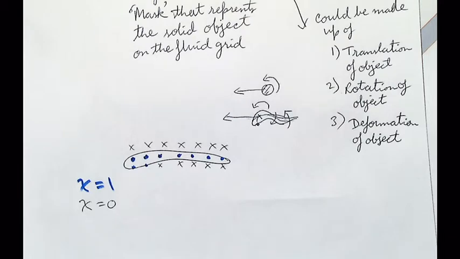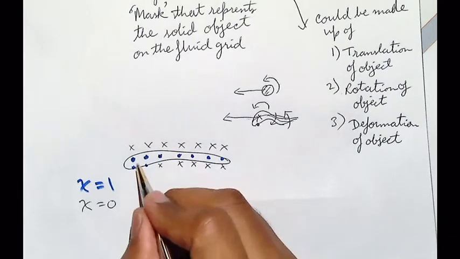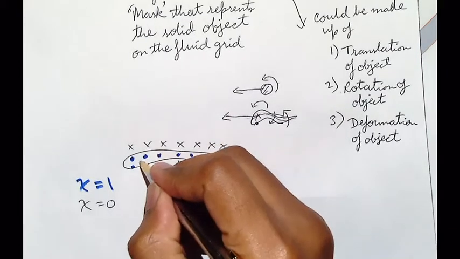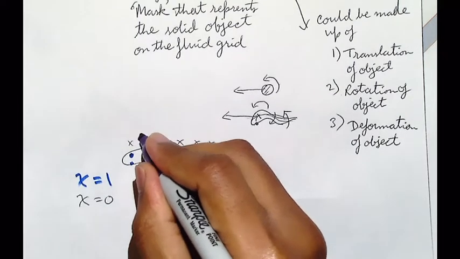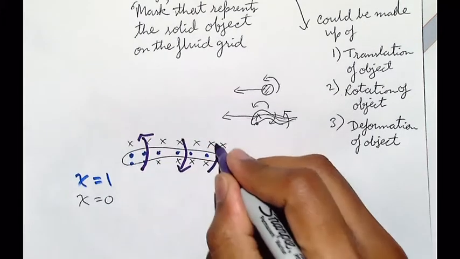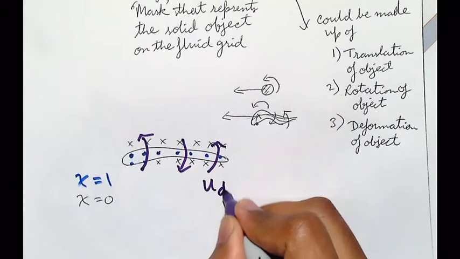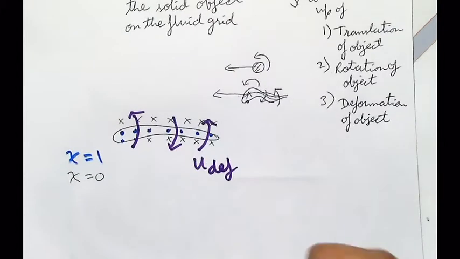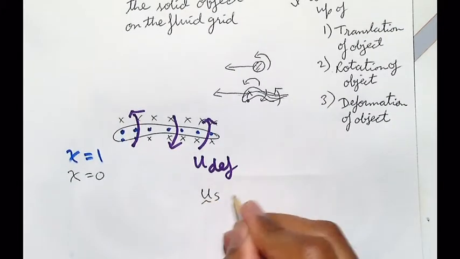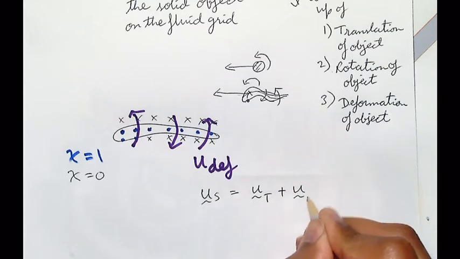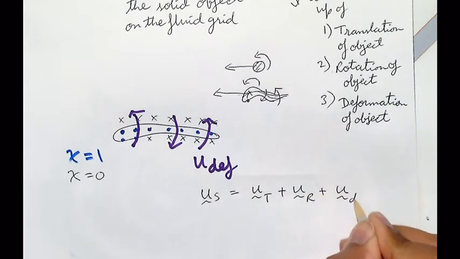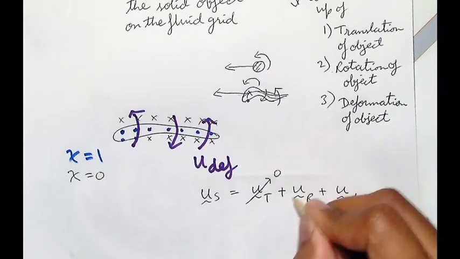Okay. So in the simulation, what we do is we just impose the deformation of this body, U dash, and my U solid in that case becomes U translation plus U rotation plus U deformation, and these are 0 initially.